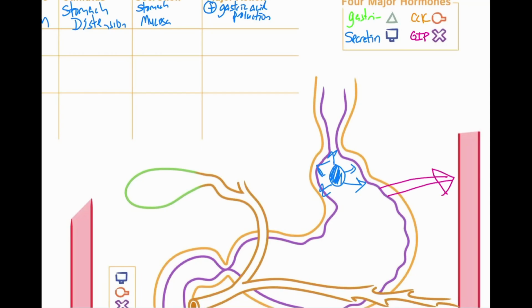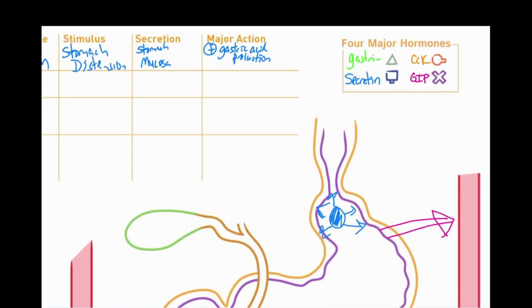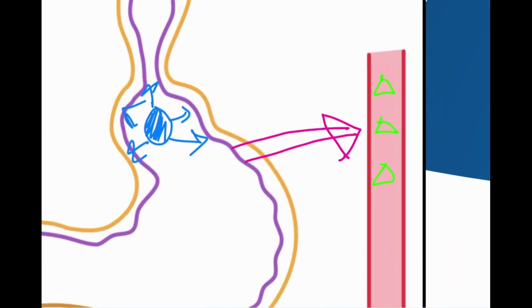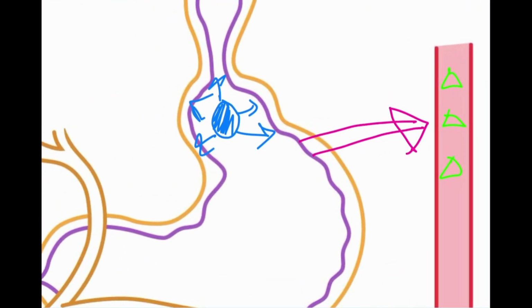Okay, big wide arrow, so we're secreting gastrin into the bloodstream. Does that turn up okay? The green? Yeah? So the food bolus goes into the stomach and distends it, and the stomach mucosa secretes gastrin into the blood supply.